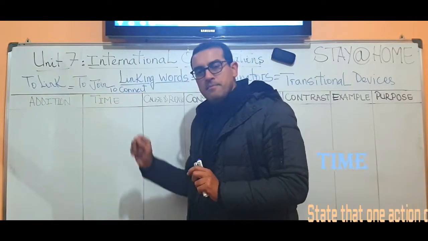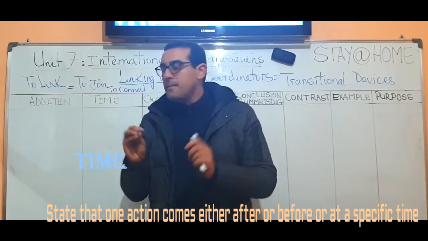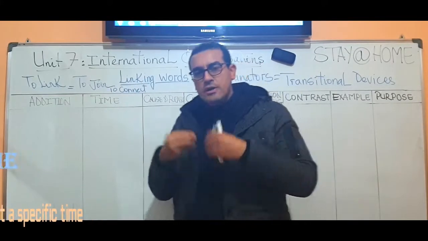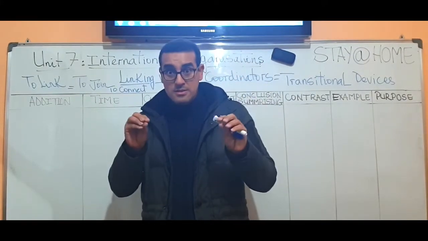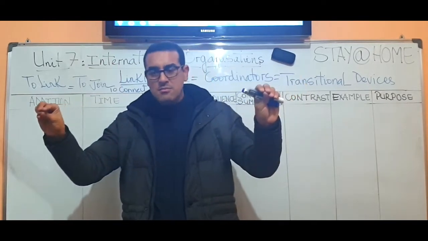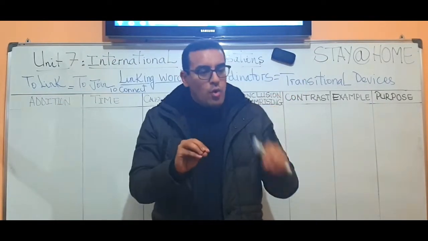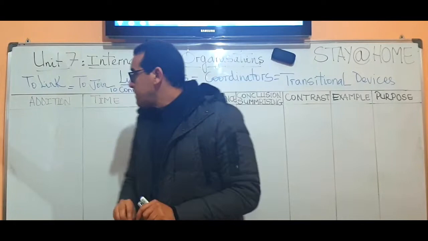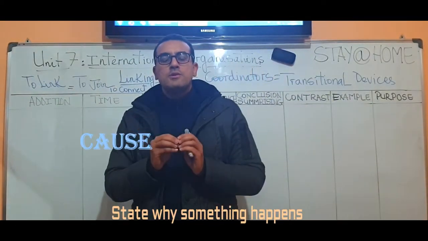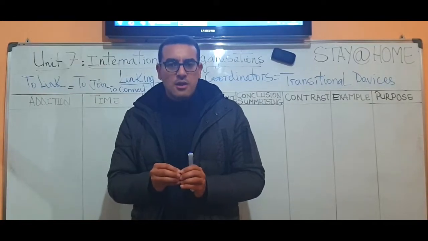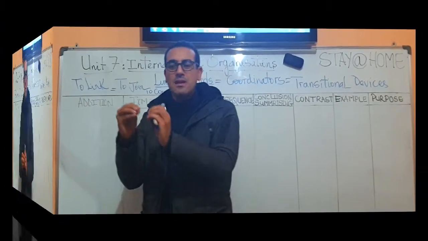We have time. We have some linking words which are used to ensure time between two sentences, that one sentence comes after or before another. We have cause and reason. Here, we try to answer the question, why did something happen?